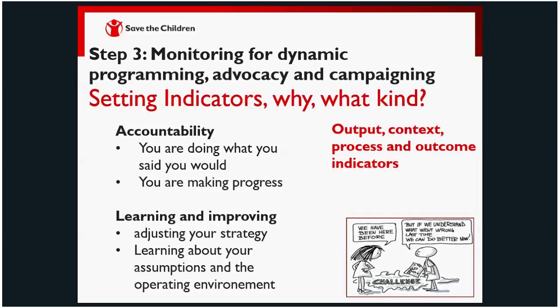Where SPEL's value addition is in developing 2 specific sets of indicators, context indicators and progress markers against the key intermediary changes or critical junctures identified in the pathway of change flowchart.